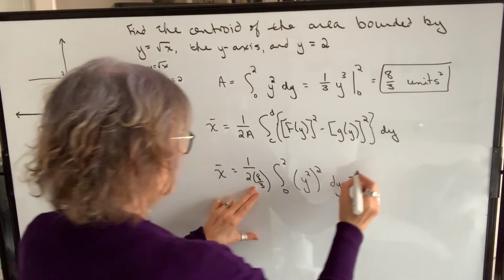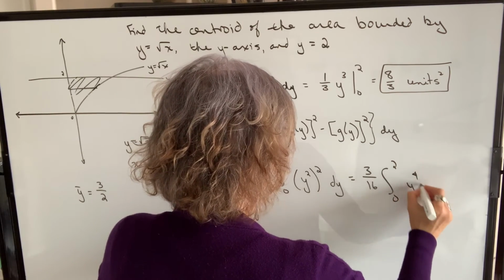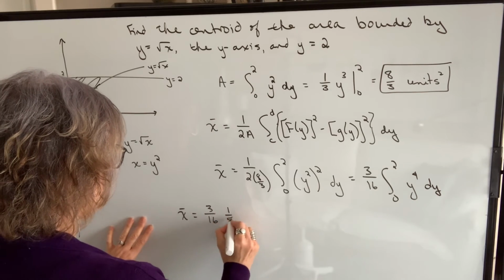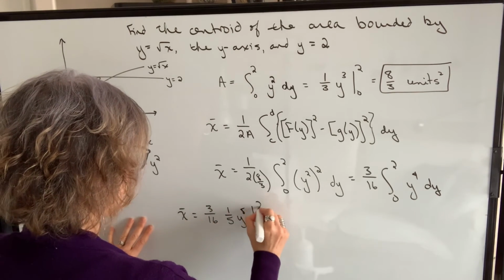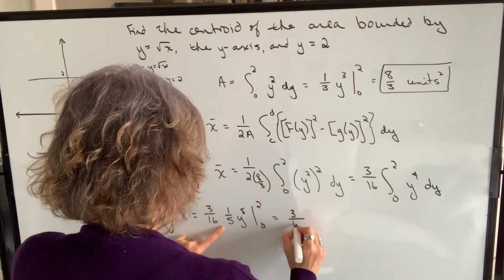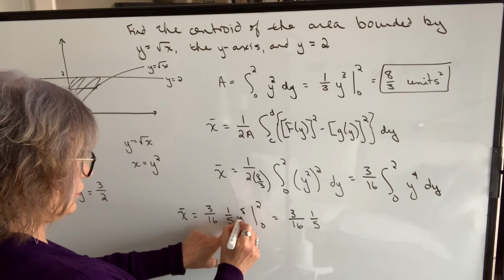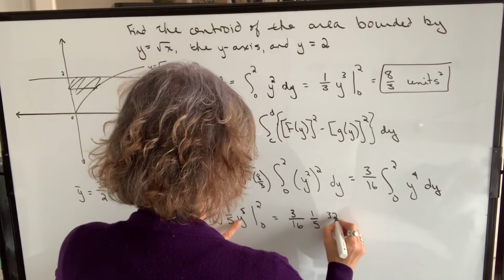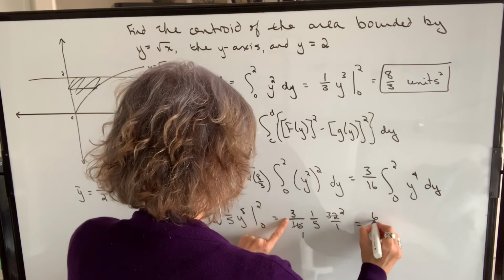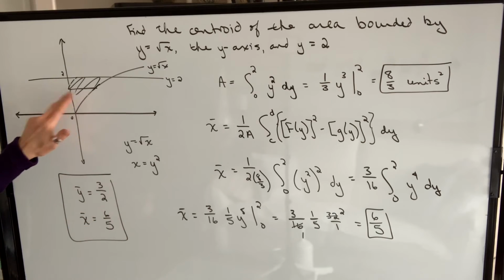So that's 1/16/3, which will be 3/16 times the integral of y to the 4th dy, and that will be 3/16 times 1/5 y to the 5th. So I'm just going to leave that as 3/16 times 1/5, and 2 to the 5th, when I put the 2 in there, it's going to be 32. So the 16 will cancel. 3 times 2 is 6/5. Those are the coordinates for the centroid of that area.